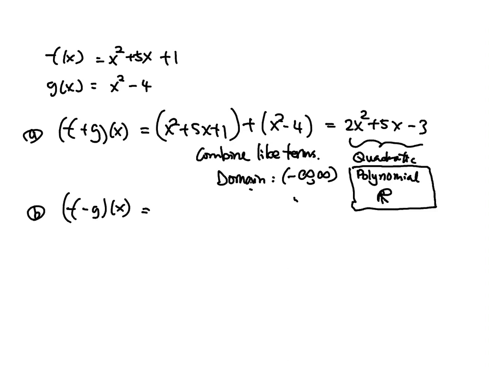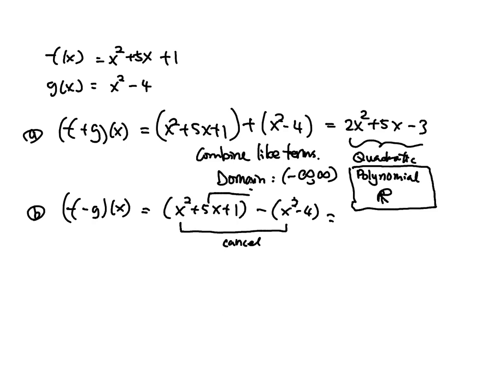Okay. Number 2, part B, f minus g. So just like the previous question, now this time we're subtracting. So, in this case, x squared minus x squared cancel. 5x minus nothing, so that's still a 5x. 1 minus a negative 4 is a positive 5.